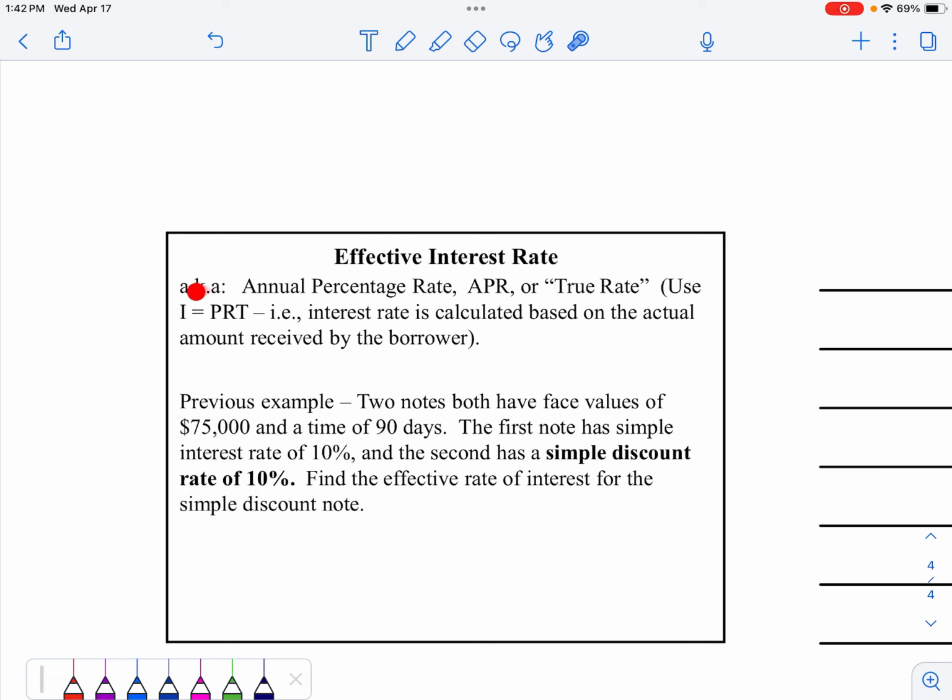When you use I equals PRT, the simple interest formula, this is based on the actual amount received by the borrower. It's not based on the face value as in a bank discount, in a simple discount note. So this is the true rate. Whenever you use this formula, that's the true rate.